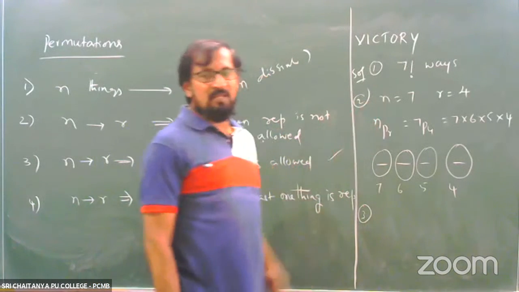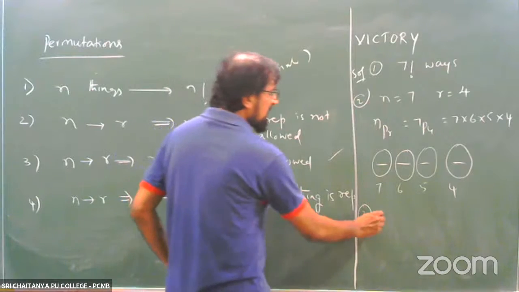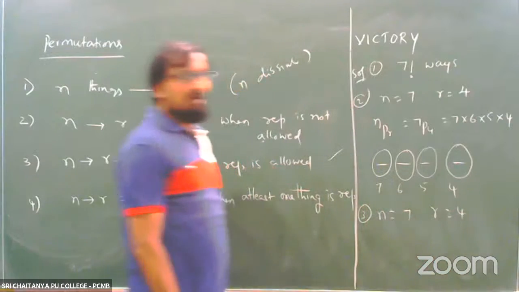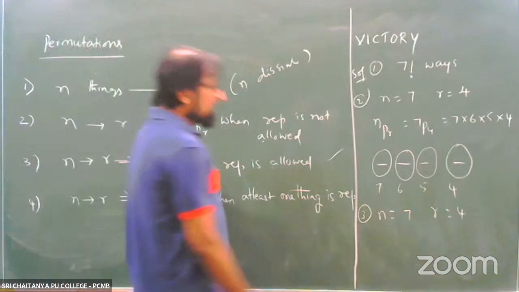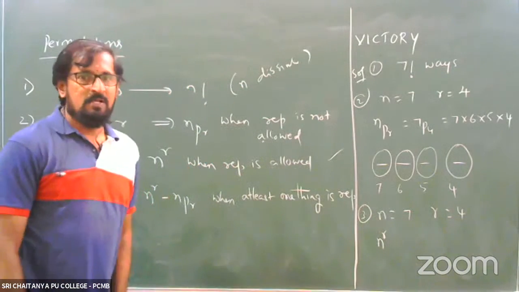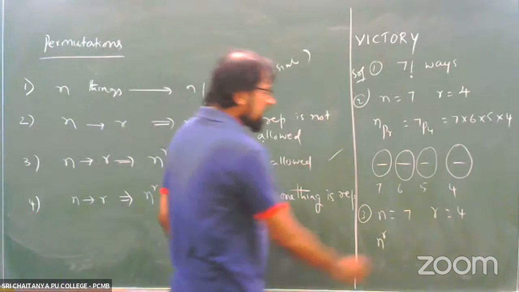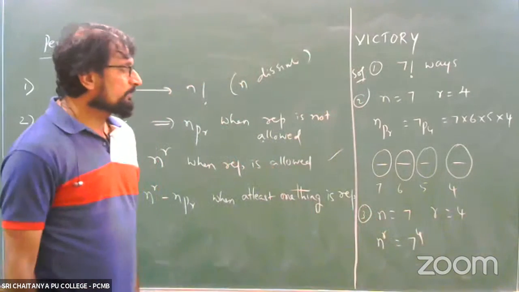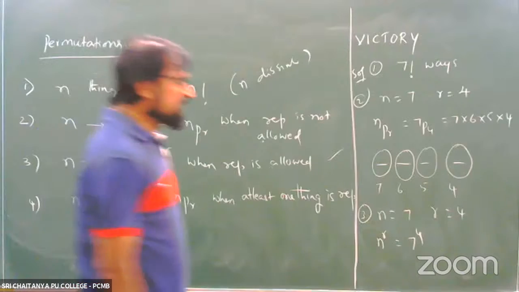How many letters are there? 7. So here n is equal to 7. Required letter word r is equal to 4. Now, n to the power of r is the formula. Am I right? So, n to the power of r is the formula, which is equal to 7 to the power of 4.